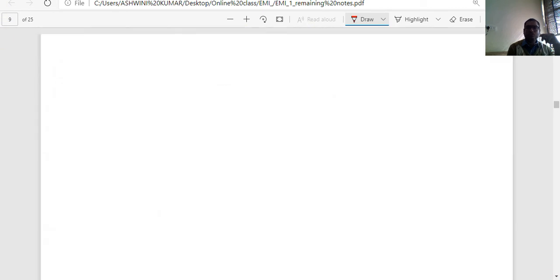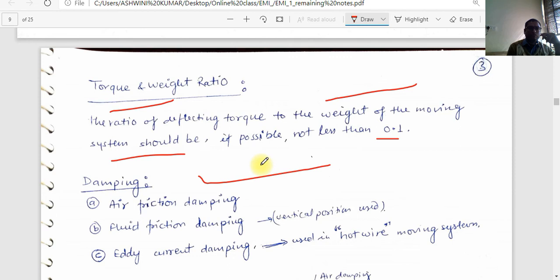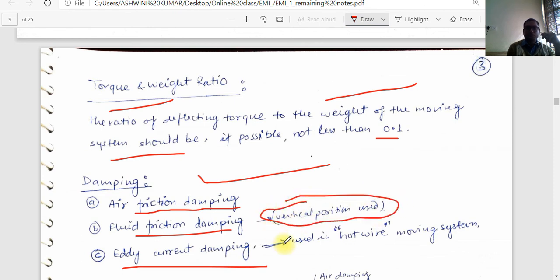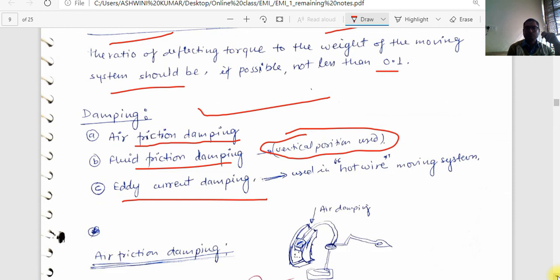We use damping by the methods of air friction damping, fluid friction damping, and eddy current damping. The fluid friction damping is used in vertical position, and the eddy current damping is used in the hot wire moving system.